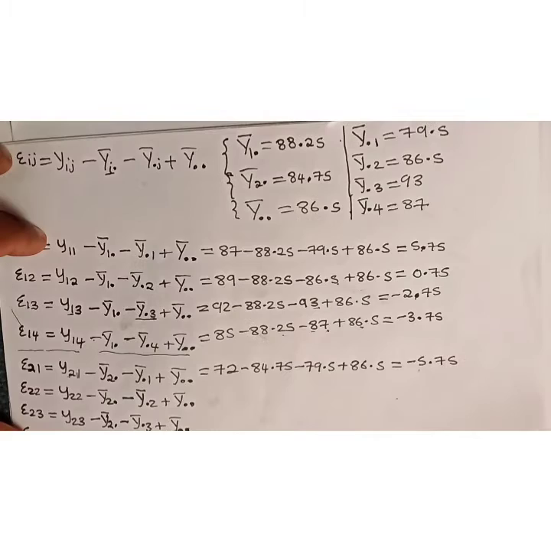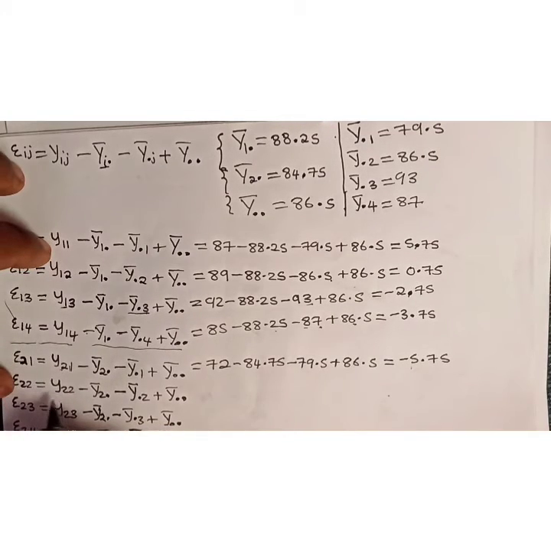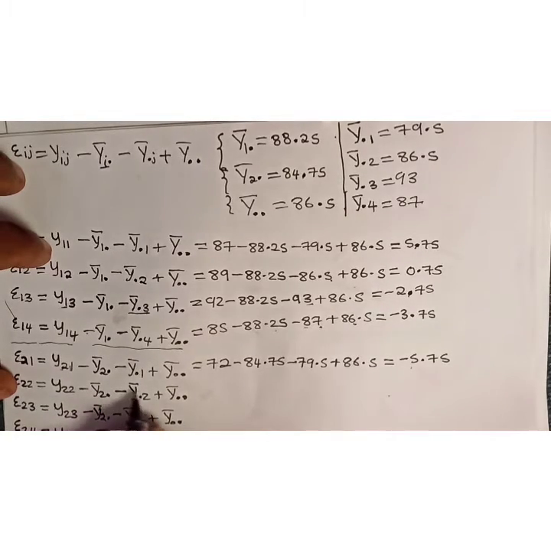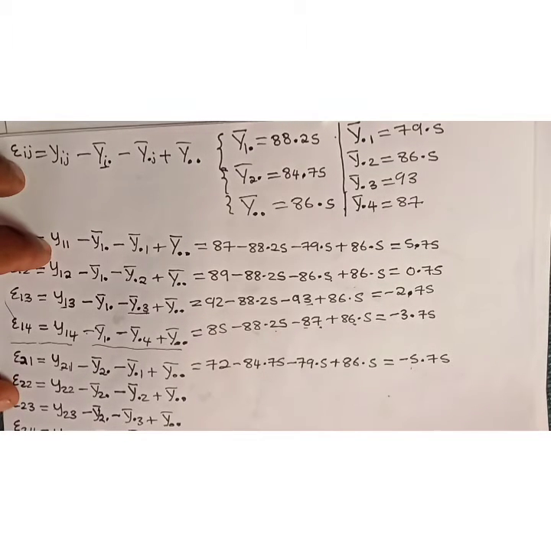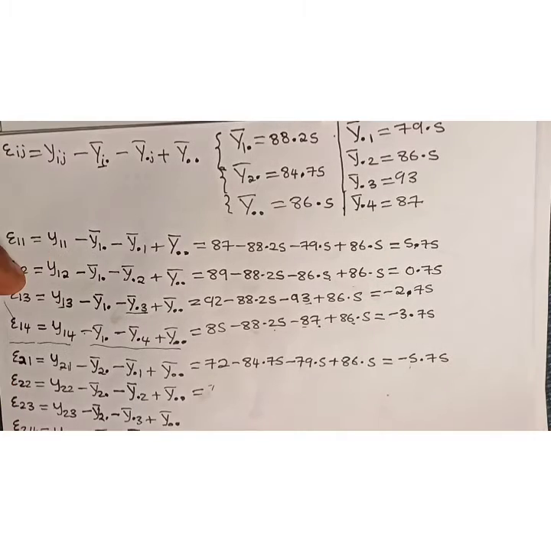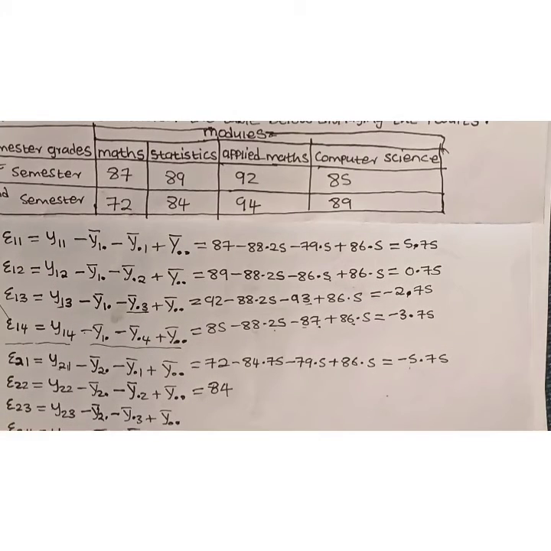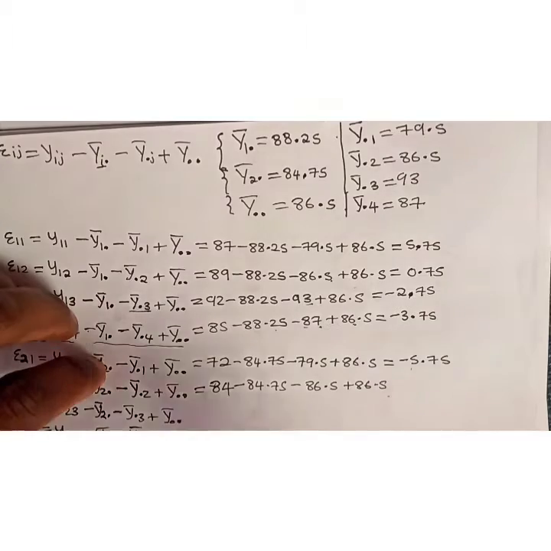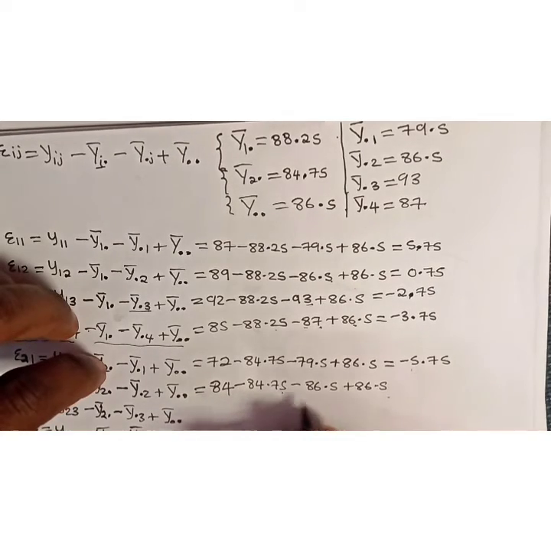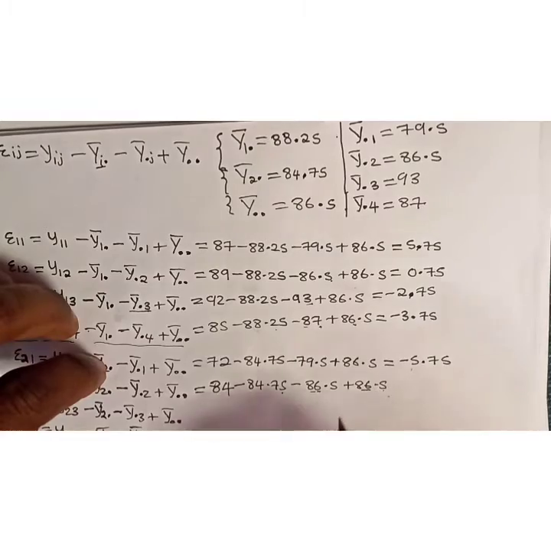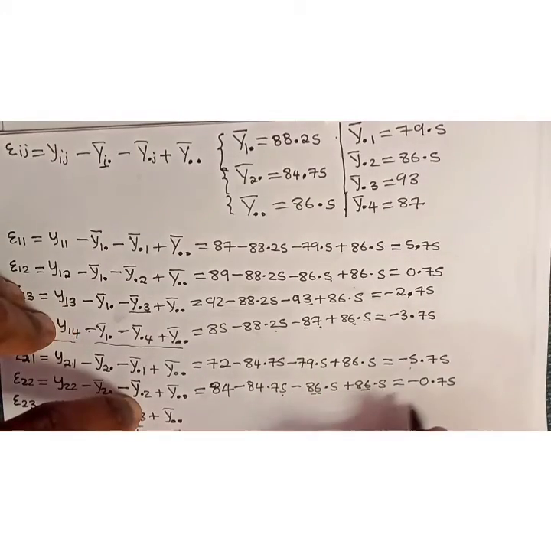E22 is the response for the second row, second column, minus the mean for the second treatment minus the mean for the second block plus the grand mean, which is 84, as you can see here, minus 84.75 minus 86.5 plus 86.5, which is negative 0.75.